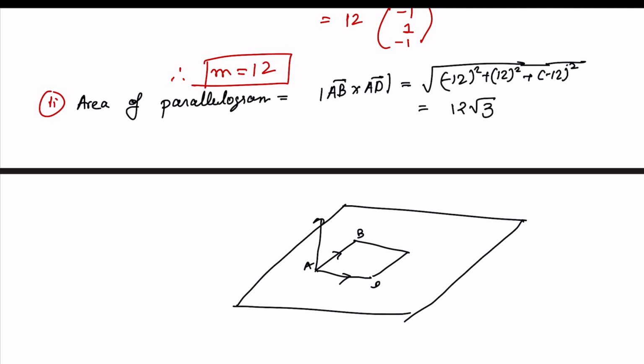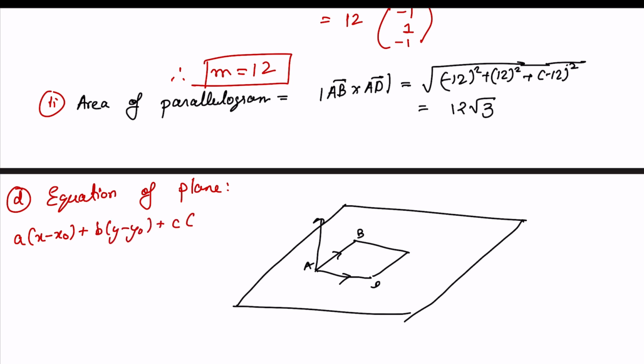So for the equation of a plane, I need a vector which is perpendicular to the plane and any one of the points on this plane. In Cartesian form, we can use this equation. So x naught, y naught, z naught is any one of the points on this plane. We can take x naught as 1, y naught as minus 4, z naught as 0, which is basically point A.